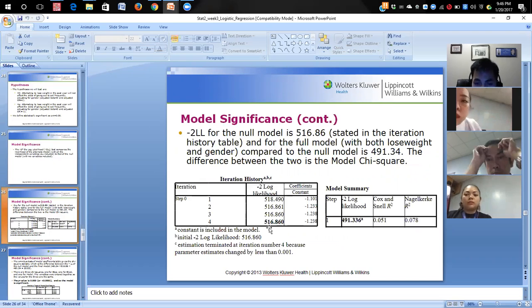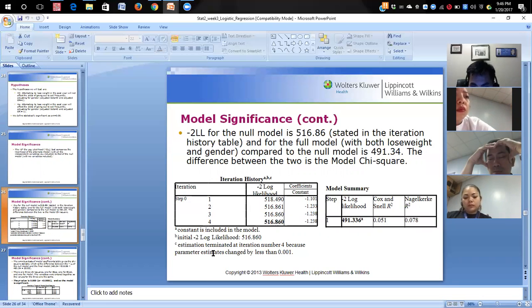This is what I've mentioned in my lecture on maximum likelihood, that it's iterative, and that's why it says step 1, 2, 3, and 4, and it stopped at the 4th iteration, because you can see here that 516.86 is the same 516.86 that was the calculation of the model on its 4th iteration, and that there's no more.